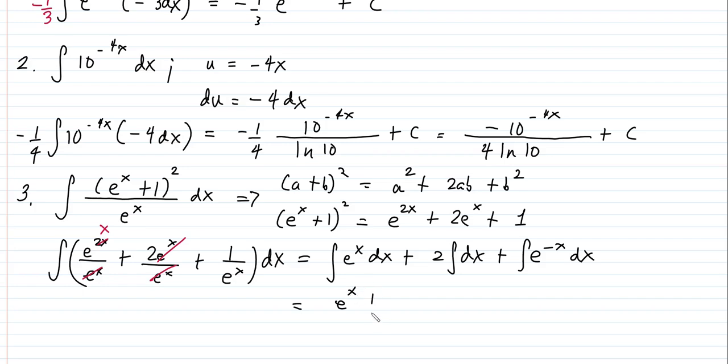This is e raised to x plus 2x, and then you can just imagine that we have here u as negative x, so we'll have a balancing factor of negative 1, so minus e raised to negative x plus c. Let's just rewrite this to be e raised to x minus e raised to negative x plus 2x plus c, so that the order would look better.